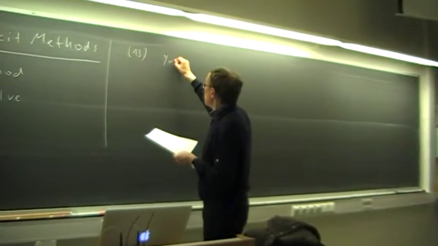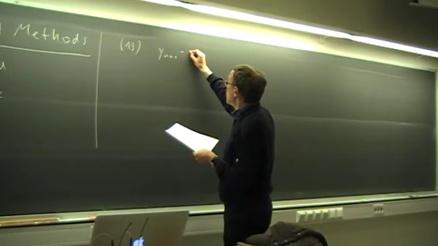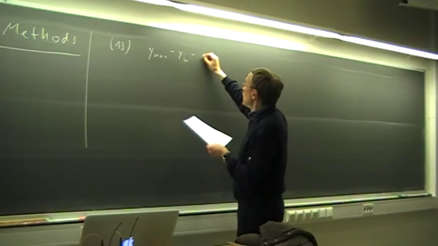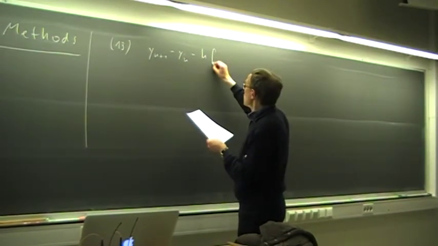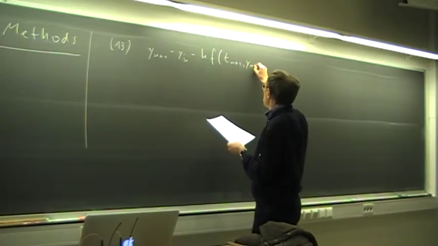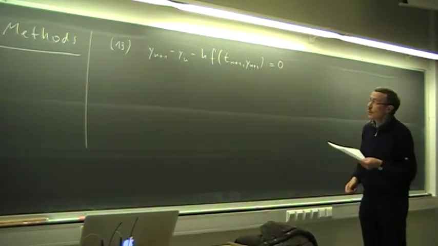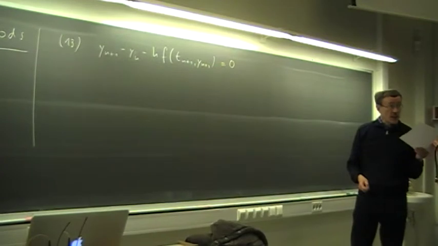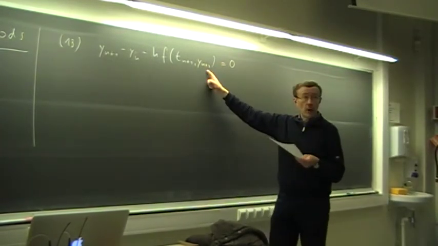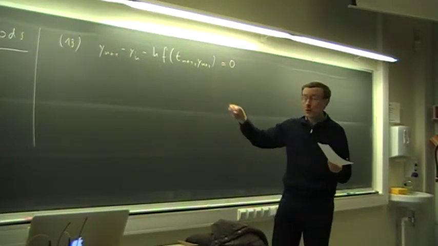We say y_{n+1}, now we write everything on the left hand side, minus y_n minus h times f of t_{n+1}, y_{n+1} is equal to 0. So it is nonlinear when f is nonlinear in y. Otherwise it's linear and we can solve it.